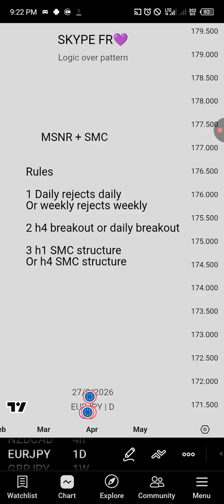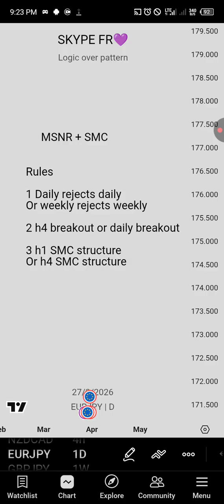Then the third rule, you need the basic SMC structure for H1. That's if you have daily rejects daily and H4 breakout, you need the H1 SMC structure. While if you have weekly rejects weekly and daily breakout, you need the H4 SMC structure.